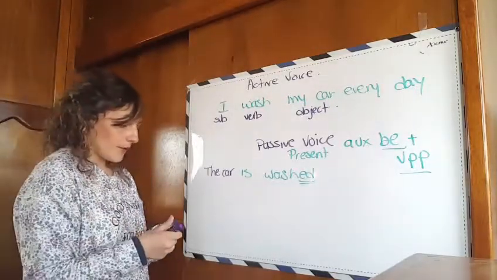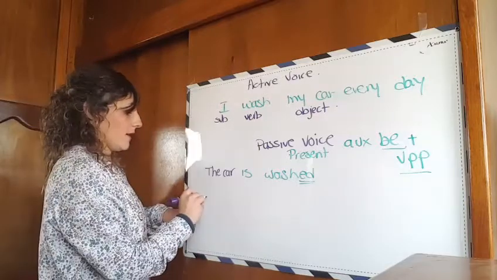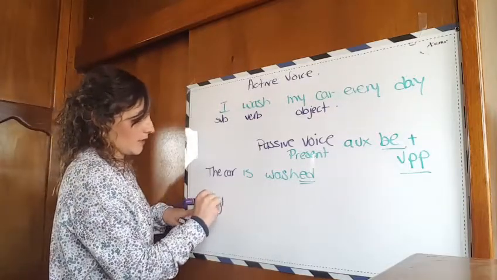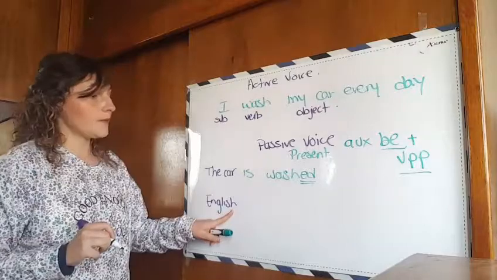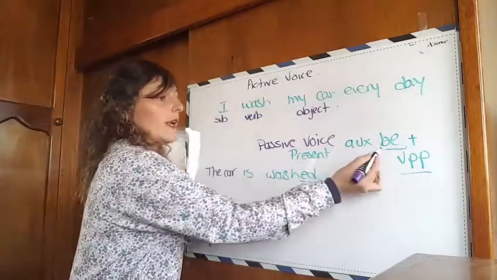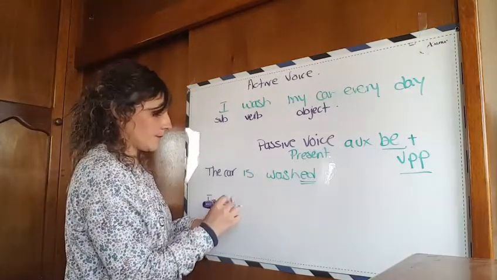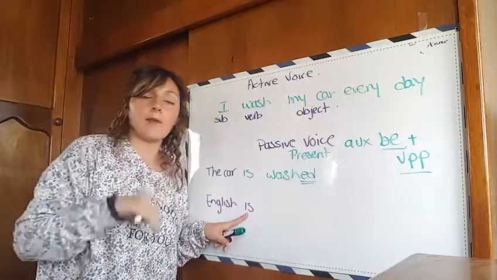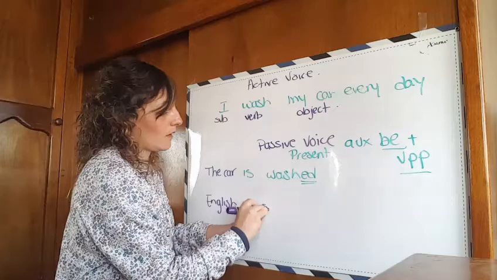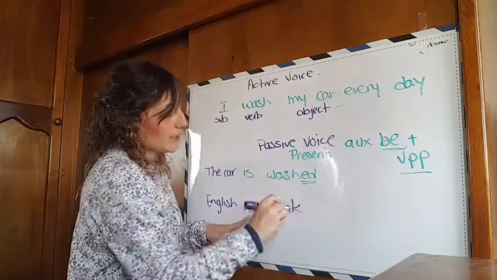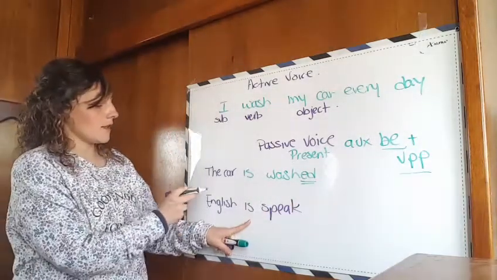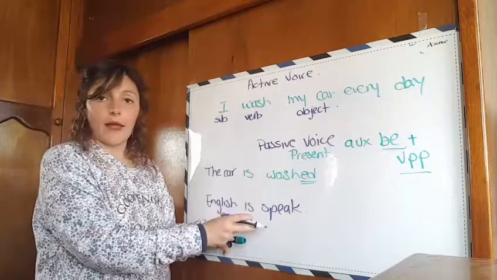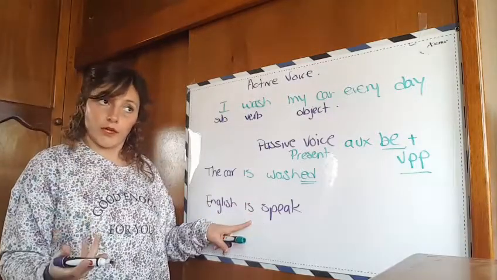For irregular verbs, for example, I say English. English, then I have to use the auxiliary. Is. And then I want to use my verb speak. But it's not logical because it says Inglés es hablar. That is not logical.